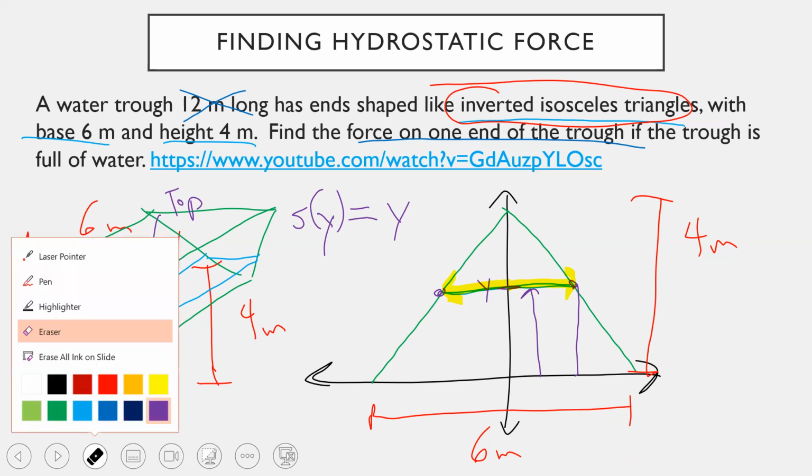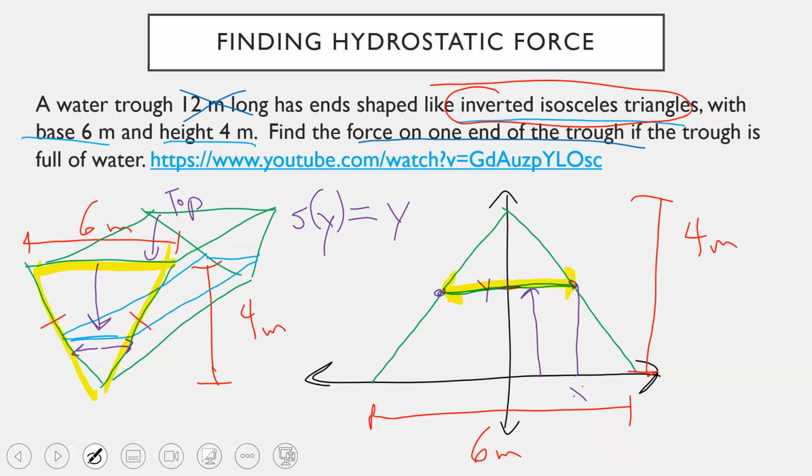Because of symmetry, because this is an isosceles triangle, it's going to be the same on the left side. It's going to be out to a negative x value. But in both cases, we're going x units in each direction. So our width function here ends up being a function of x. It's this x in this direction, x in this direction, so it's x plus x, which is 2x.